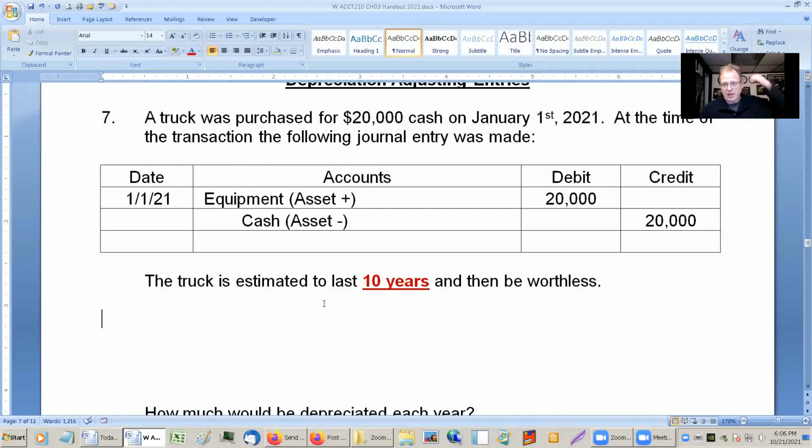So the question is, how much are we going to expense every year? 2,000. Yep.